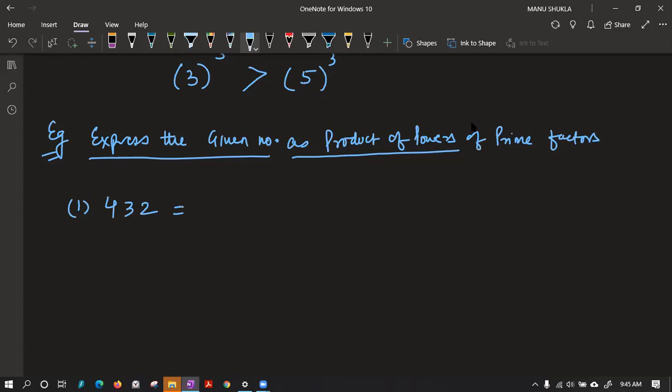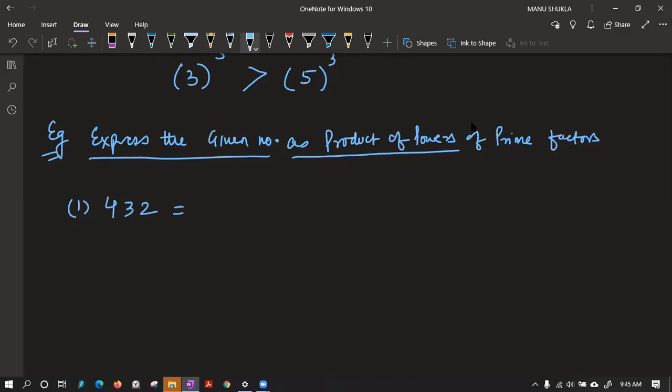Mokshita, in the examples that we have taken, only 2 could have divided 64 as a prime number. That is why only 2 came. In the next example, only 3 could have divided, so 3 came. In this example, you will have more.